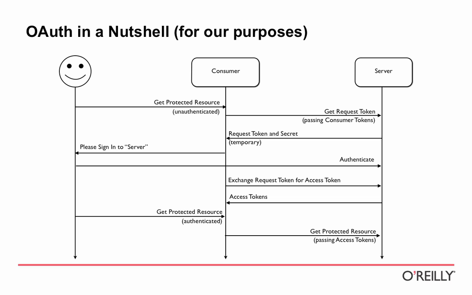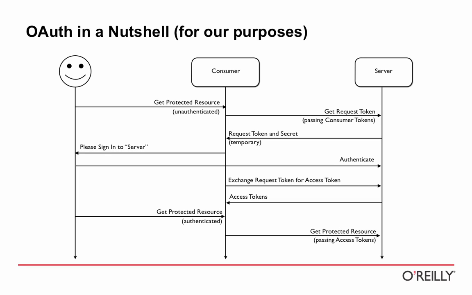So now the process starts over again, except that the user is now in an authenticated state. So it says, hey consumer, I want to get this protected resource, and the consumer says sure, passes that request along to the server, and the server sends back the protected resource. Because the access tokens were sent along, it can verify that that user was authenticated and allowed or gave permission to the third-party application.